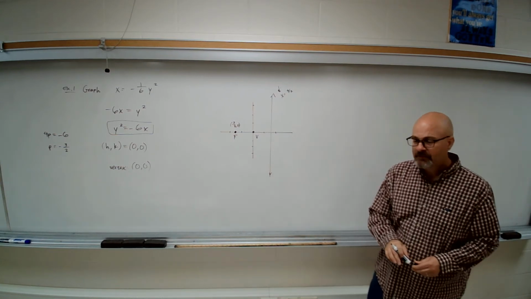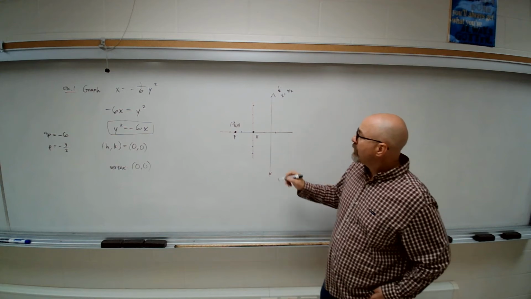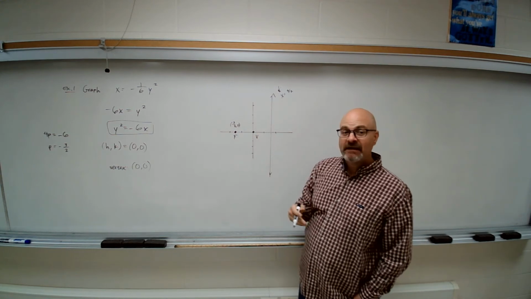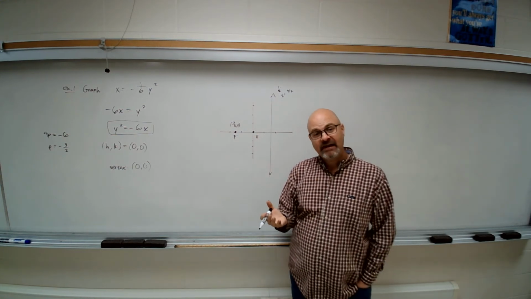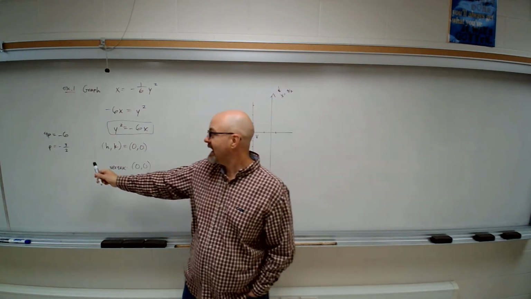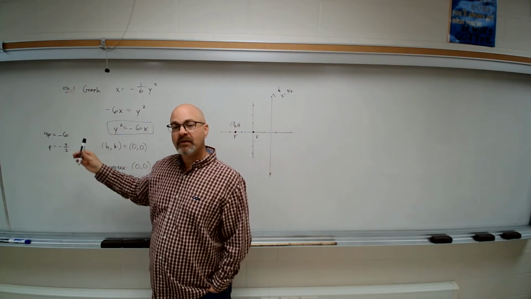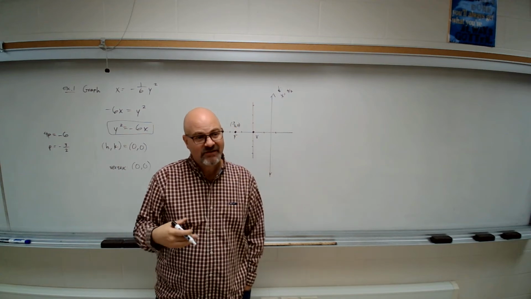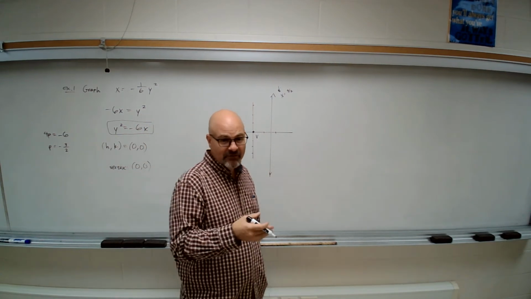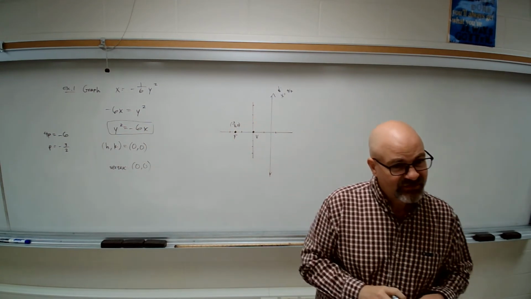Okay, and then next up here, you could just draw it kind of randomly, but here's where that focal diameter really comes in handy. We saw that our 4p was -6, correct? Well, the focal diameter is just going to be 6. You're just going to drop the negative off it. What that means is at the focus, the parabola is 6 units wide.